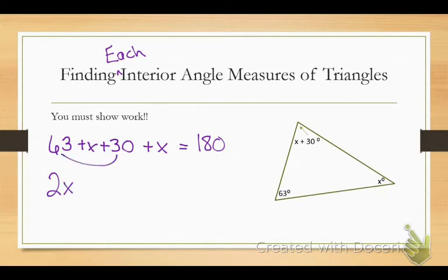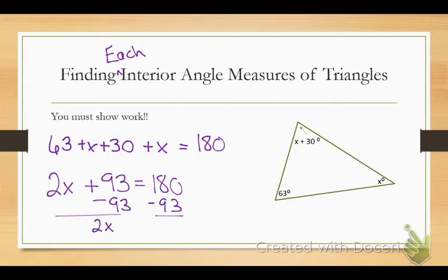And then what's 63 plus 30? 93 equals 180. Subtract 93 from both sides. And what do you get? 2x equals 87. Divide both sides by 2 now. And x equals 43 and a half.